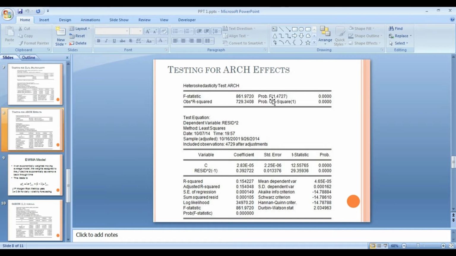You can see the probability of F, probability of chi-square, and both of them are significant. So we can reject the null hypothesis, which is basically that your data is homoscedastic. That is the null hypothesis. So we can reject the null hypothesis and agree that our data has heteroscedastic effects. That is basically talked about in this table.